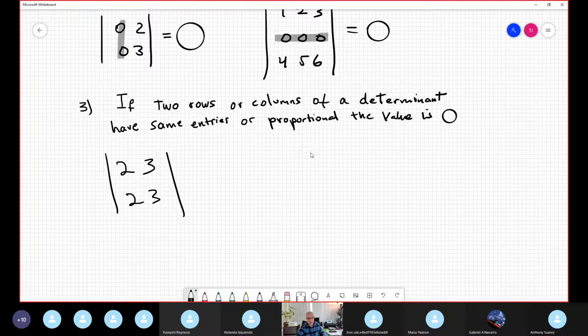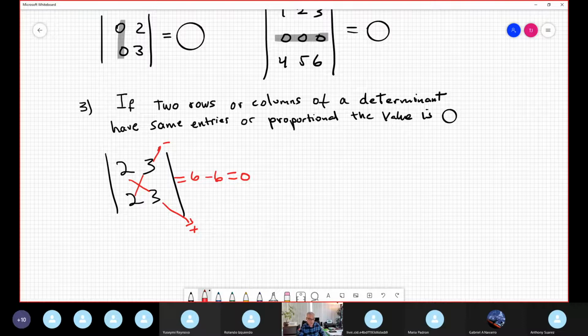It's obvious because 2 times 3 is 6, 2 times 3 is 6. So there's 6 in that direction and 6 in that direction. The answer is 0. Professor, is it always the same when you have 2? The answer is yes. What is the reason?